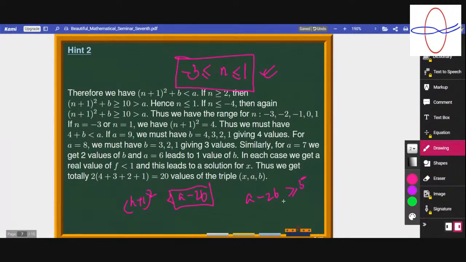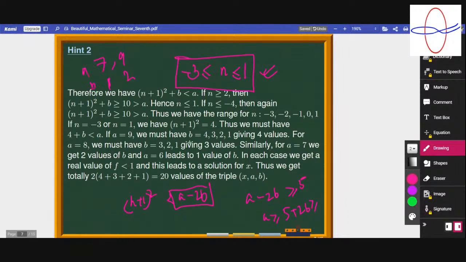Okay, and from here you get various values of a. So therefore a must be greater than or equal to 5 plus twice b, where b must be 1 or 2. In that case there are two values of a, 7 and 9. Okay, two values of a, and the values of a and b are 1 comma 2.